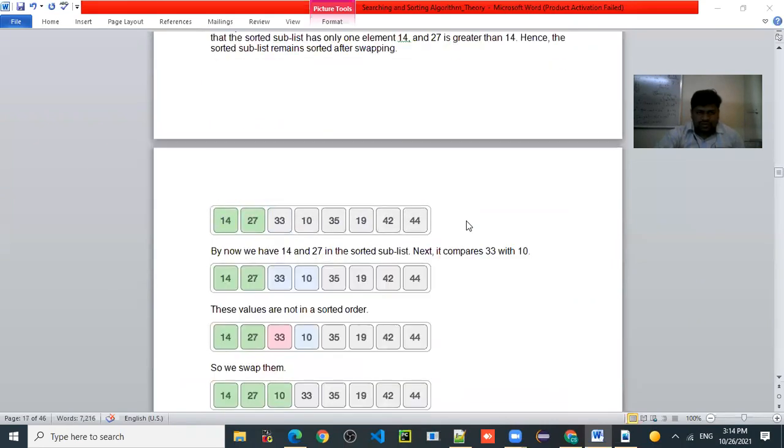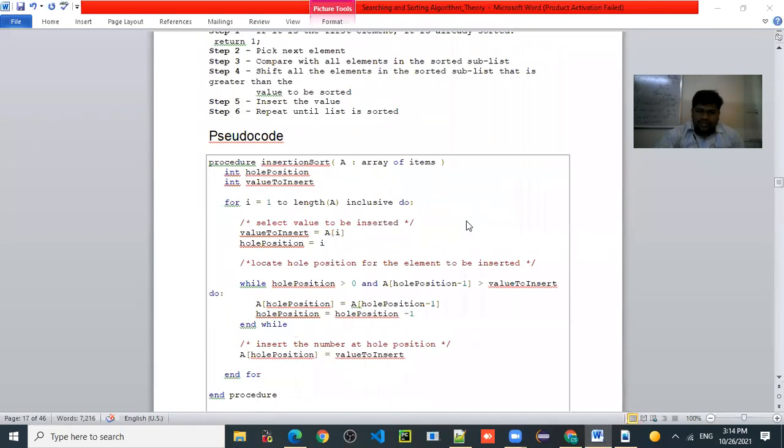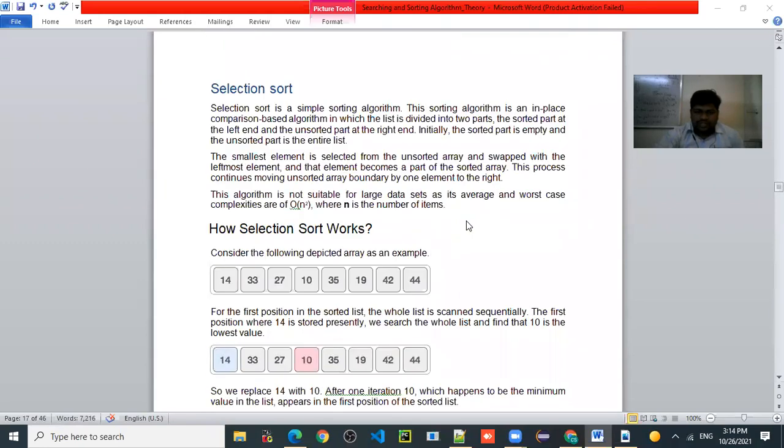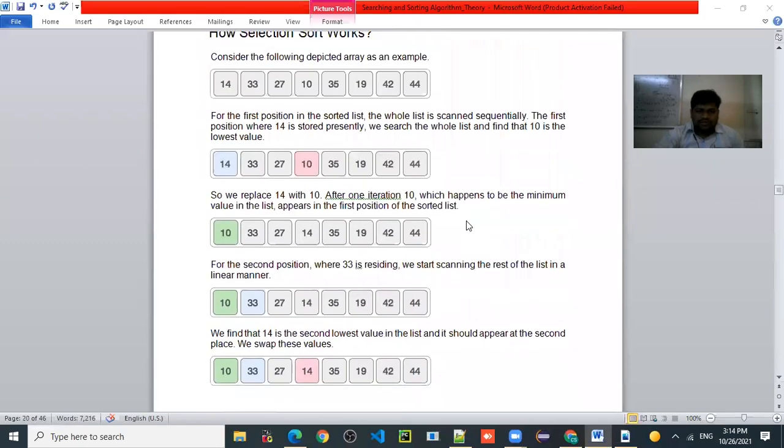Yes, sir. Okay. And the third sorting algorithm we discussed is selection sort. Now selection sort, this is the list. In selection sort, we scan the whole list from the first position to the last position, identify the smallest element, and store it at the first position.